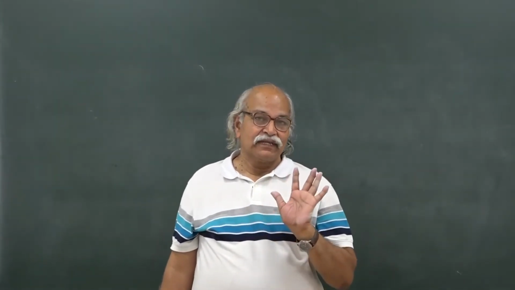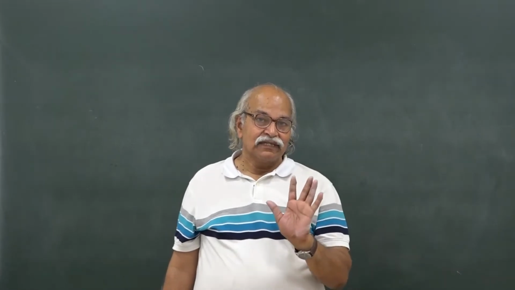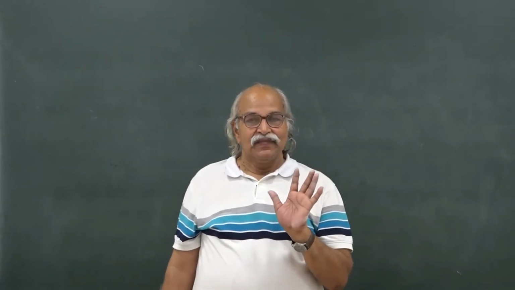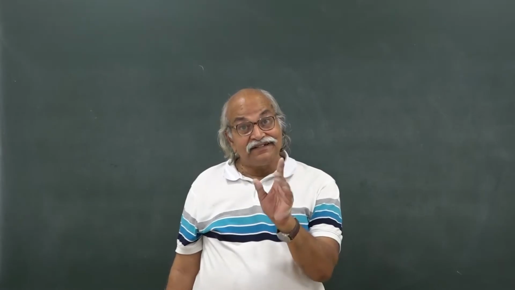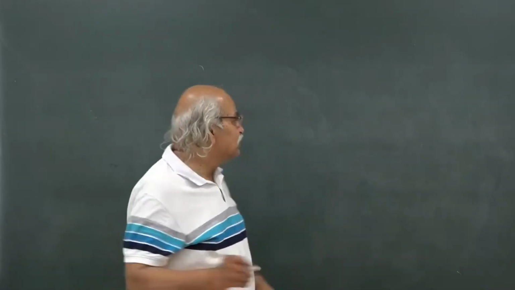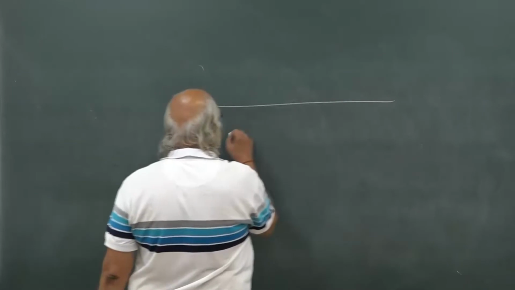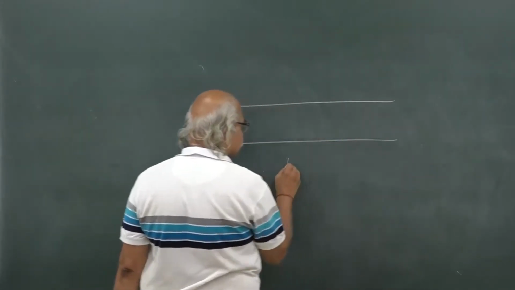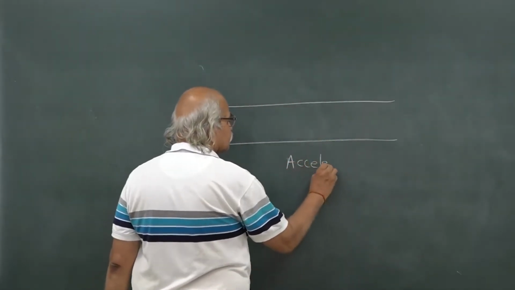And this particle is now sent with certain velocity, certain speed, in a tube which contains an electric field. That means, let us say we have this tube which we call the accelerator tube.